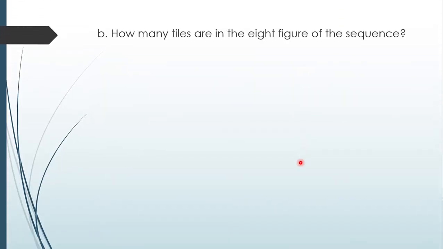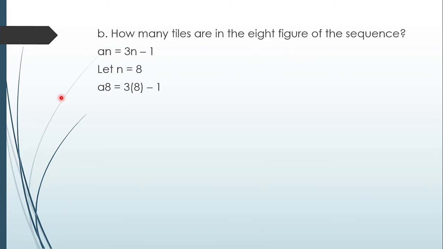Okay, next. How many tiles are in the 8th figure of the sequence? So, ang formula na nakuha natin kanina is 3n minus 1. Ang gagawin nyo lang is, i-substitute nyo si 8 sa n. So, saan nakuha si 8? Dito, sa may 8 figure.